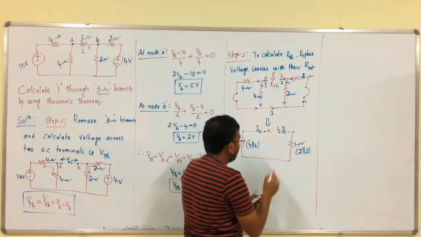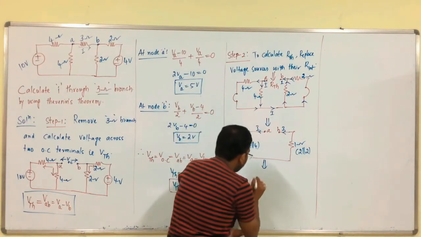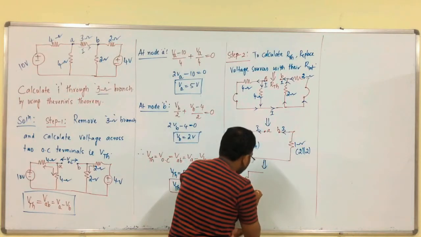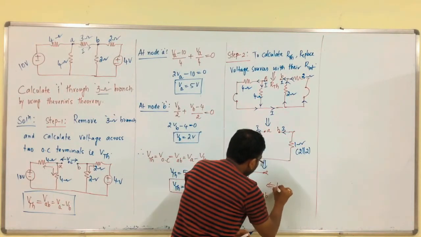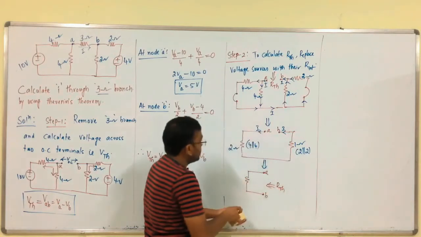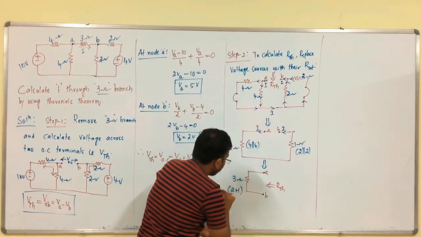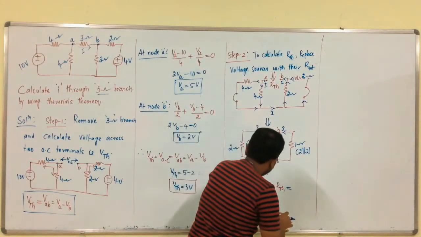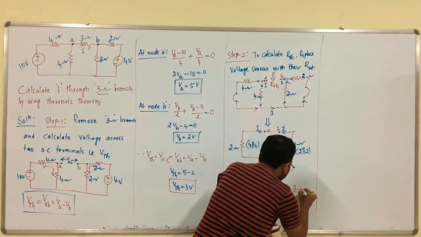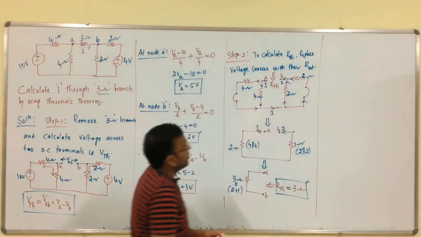These two are connected in series. So, finally, between A and B, this is RTH, which is 2 plus 1, which equals 3 ohms.